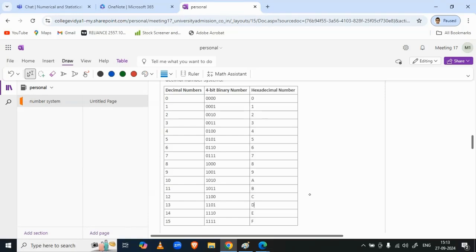Okay, so the base of the hexadecimal number system is 16.